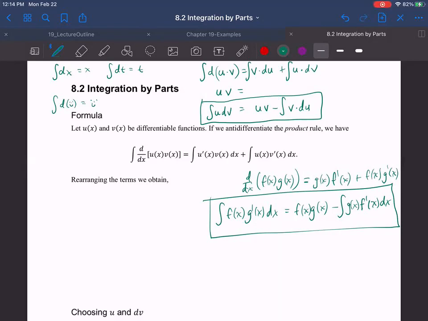And you'll see it written sometimes like that. If we rearrange the terms of this one, we end up with integral u of x v prime of x dx equals u of x v of x minus integral v of x u prime of x dx.